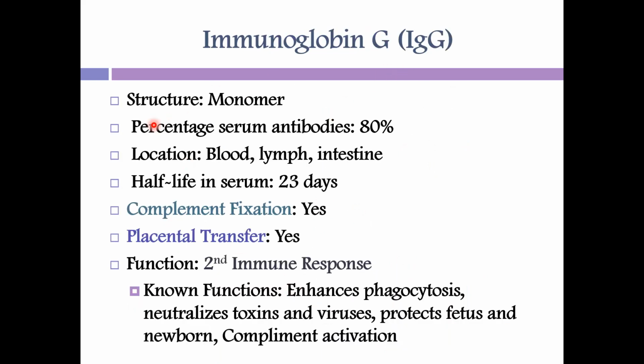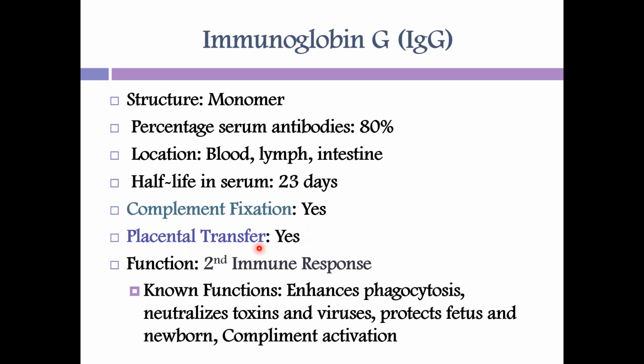Immunoglobulin G: the structure is a monomer, and its percentage of serum antibody is around 80%. The highest amount of immunoglobulin in our serum is immunoglobulin G, around 80%. It is mainly located in blood, lymph, and intestines. Its half-life is very high, 23 days. It has the ability of complement fixation.